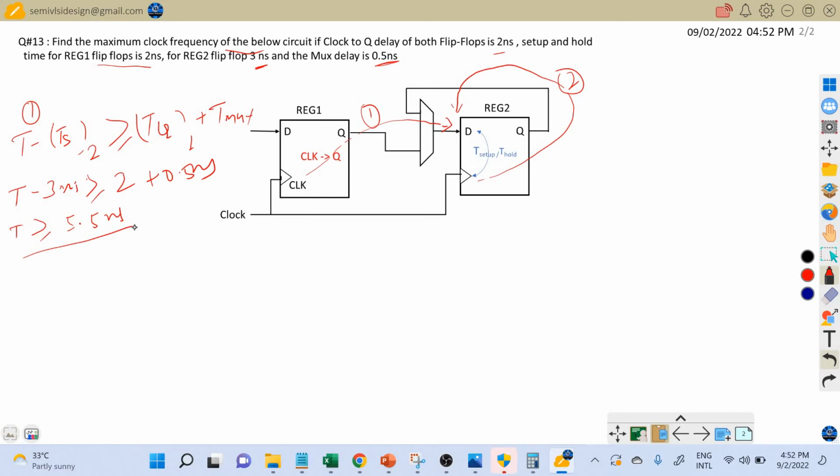Now let's see the hold timing check for path 1. For the hold timing check, the equation is T hold of flip-flop 2 should be less than or equal to T clock-to-Q delay of flip-flop 1 plus T mux delay.